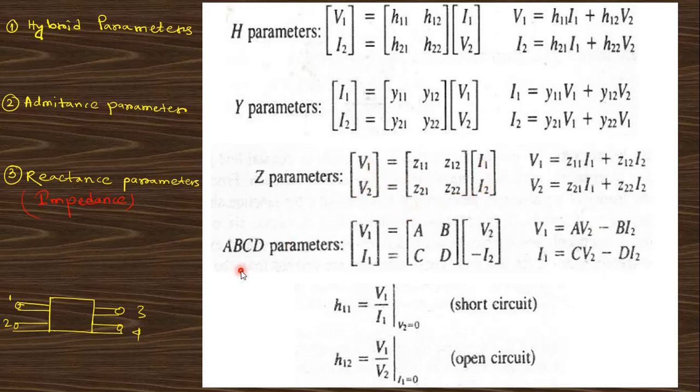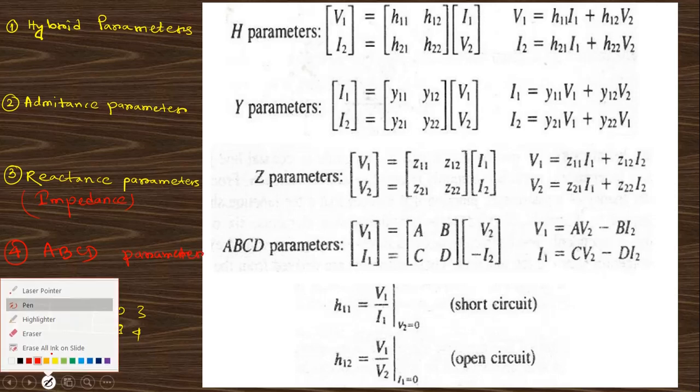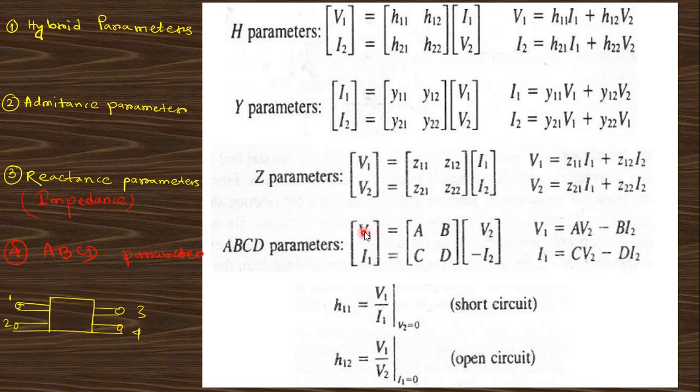And there is another, the fourth one, the ABCD parameter, which connects V1, I1 with V2 and minus I2. Okay, this is a special case.